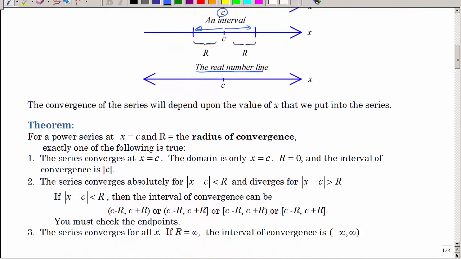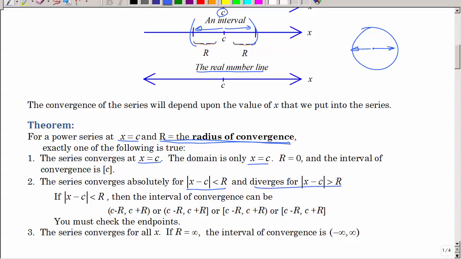From there, we have a theorem that says, first of all, we're going to call R the radius of convergence. If we have a power series centered at c, and R is the radius of convergence, then either the series converges only at x equal to c, and our domain is only that; or the series converges absolutely when |x − c| is less than the radius of convergence and diverges everywhere else.